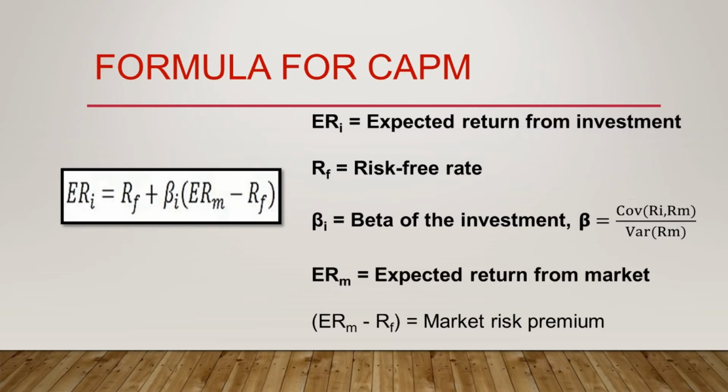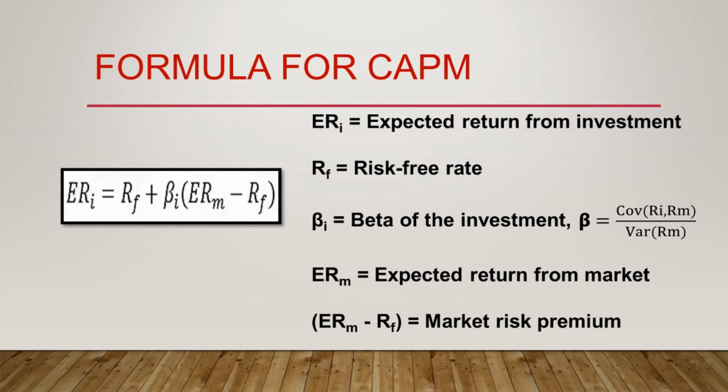Then comes the expected return from the market. Looking at the market movements and the prices, you decide what should be the expected return from the market, looking at the trend in the past years and all those factors. And then there is the market risk premium. The market risk premium is nothing but what you get when you deduct the risk-free rate from the expected return from the market.